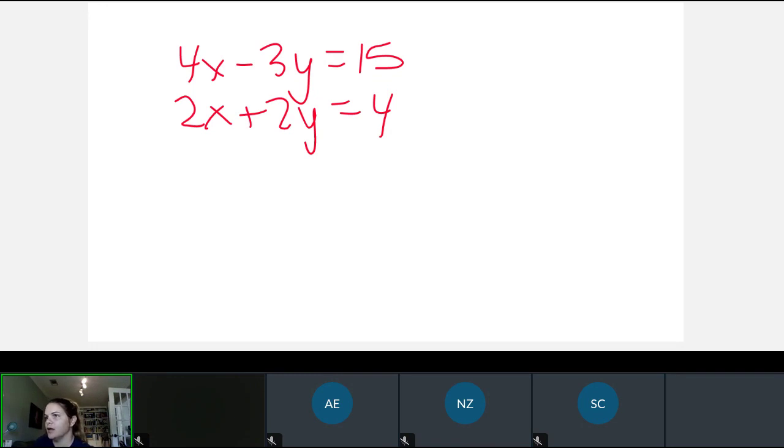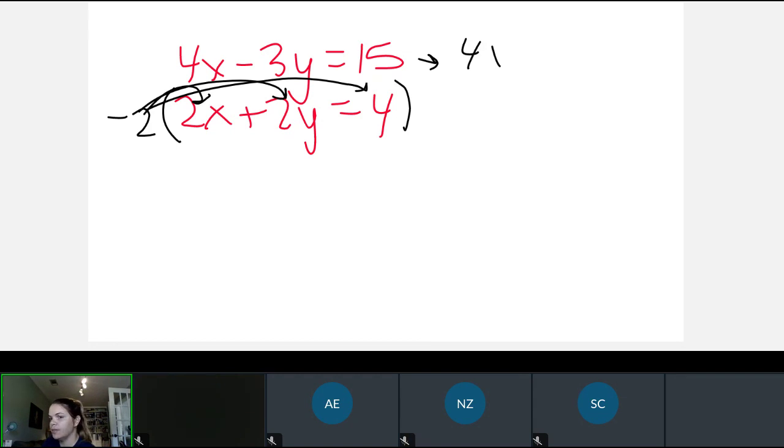So we have 4 and 2, those are not the same, and then -3 and 2, those are not the same. But if I multiply this entire equation by -2, then I would have 4 and -4. So I'm going to go ahead and multiply this entire equation by -2.